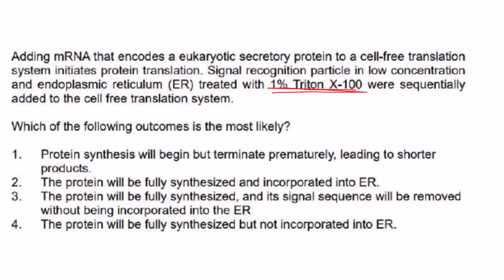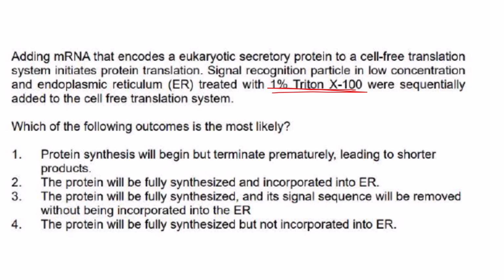Then it will keep searching on the endoplasmic reticulum membrane whether any SRP receptor is available. And it will find that it is not available. So it will not be able to enter the endoplasmic reticulum lumen. So the protein synthesis, wherever it was halted, will remain halted there, or you will get a truncated or shorter protein. Okay. That is what is happening here.